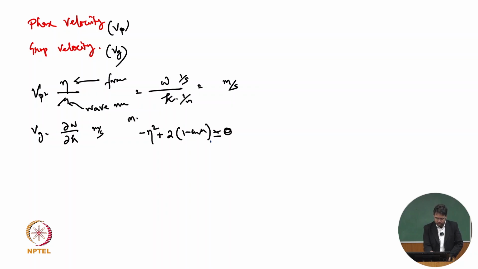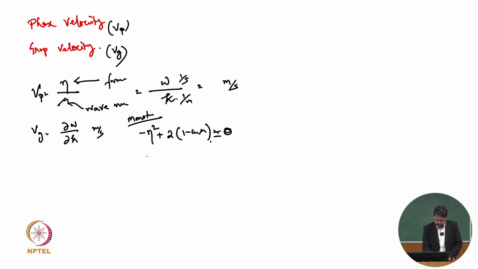Perfect. Can we calculate the phase velocity and the group velocity? My target will be eta divided by mu. We have to write it in that form, so let's try to do it that way.